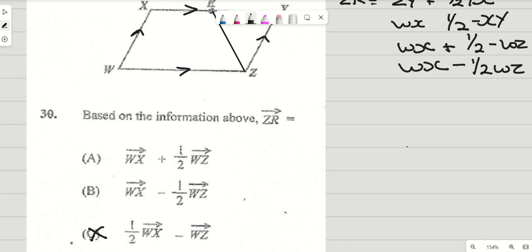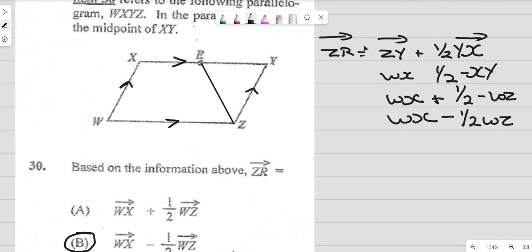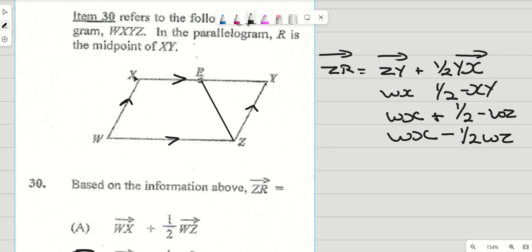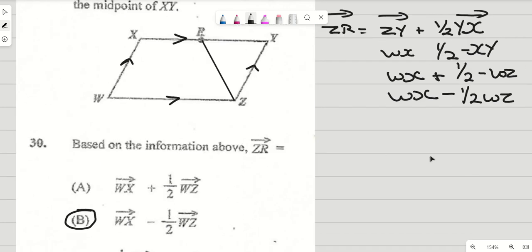Which is B, right? So what we did, we used parallelogram law to find out the answer, right? Remember, if we look at the arrows, it is XY. If it is going in the opposite direction, that is why I have negative XY. So YX is the same thing as saying negative XY, right? And negative XY would be negative WZ, right? That is how I got this.